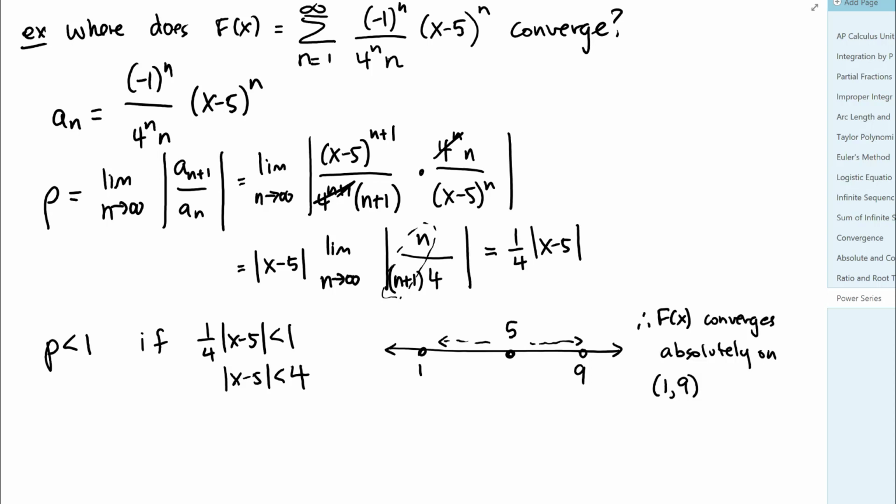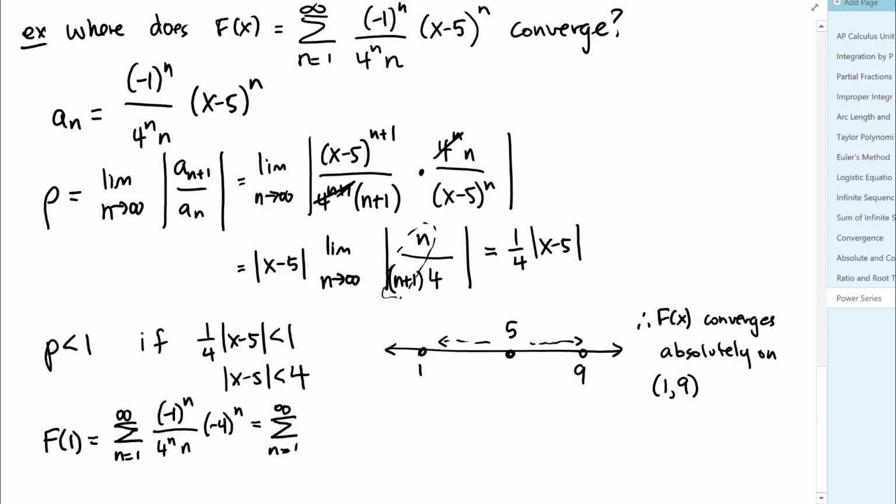And we can say that f of x converges absolutely on 1 to 9, and now we have to do endpoint checks. So what's happening when x is 1? Well, I get the sum of (negative 1) to the n on the numerator, 4 to the n times n on the denominator, times (negative 4) to the n, which becomes the sum from 1 to infinity of 1 over n, which we know diverges.